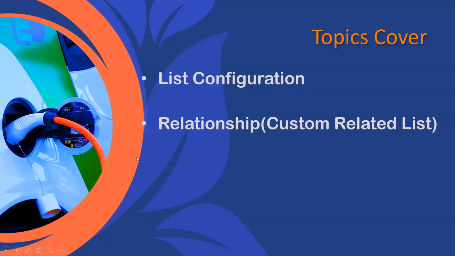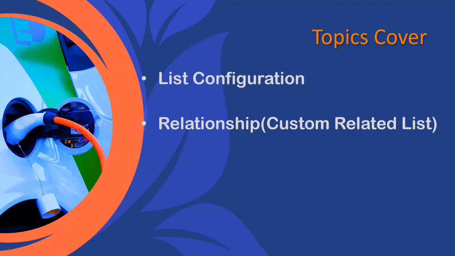Overall in this session we will see what capabilities lists have, what we can do, what modifications, how we can make changes there, and how we can export and import, everything in one place.